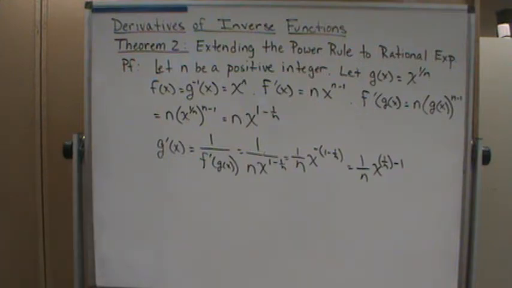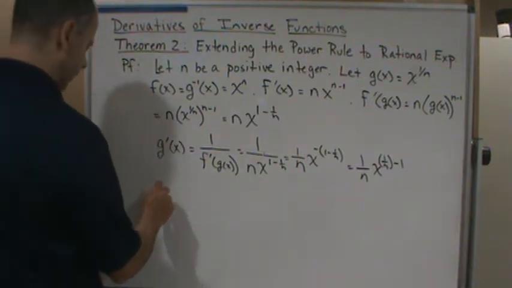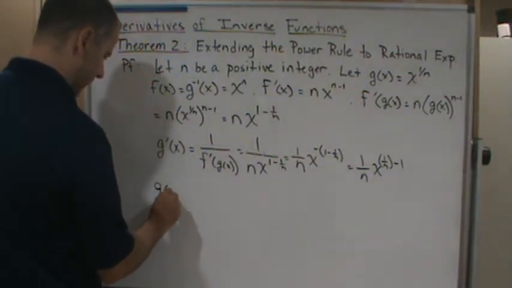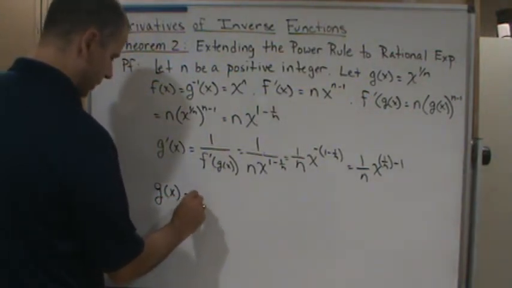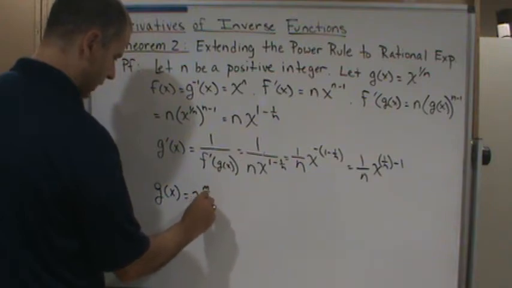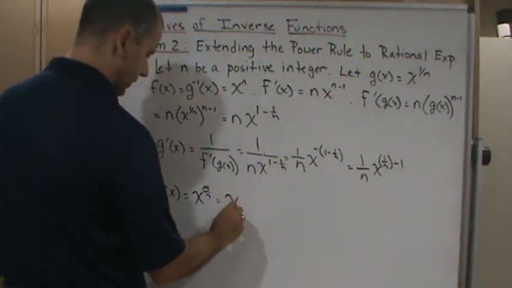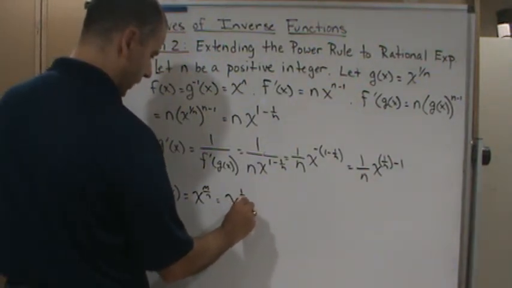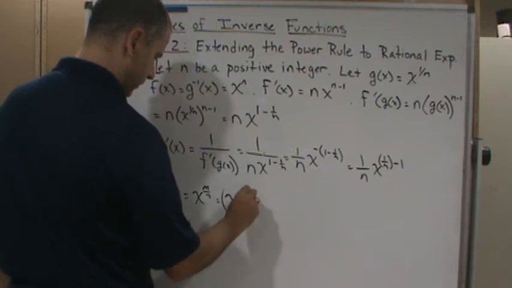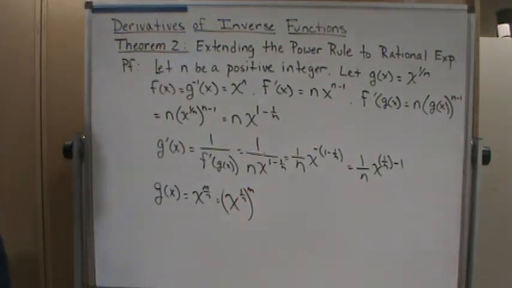Okay. Now, similarly, what if we have m over n? Well, if g of x equals x to the m over n, I'm going to rewrite this as x to the 1 over n to the m power. And so now I'm going to apply the chain rule to this. Okay?